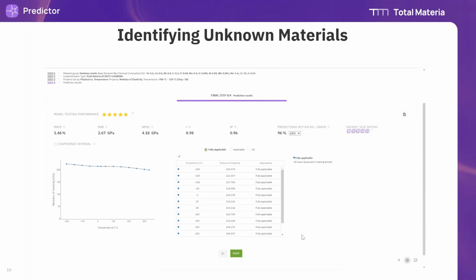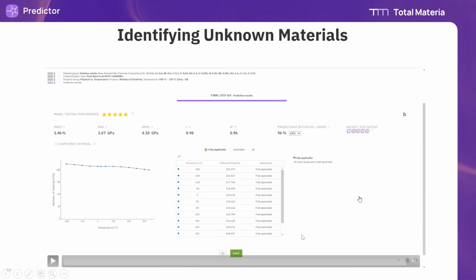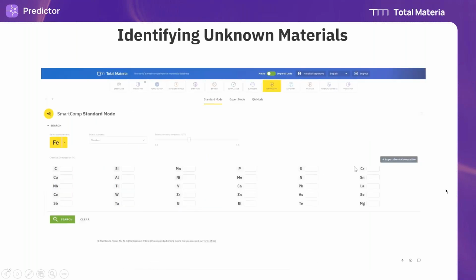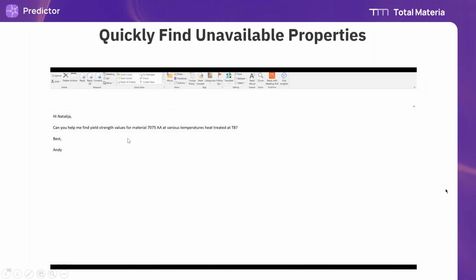Either you do it with actual changes, actual tests, and it will cost you a lot, and at the same time, it will take a lot of time. Other than that, Total Materia artificial intelligence will help you to find it in seconds, really. Let's see, there's an example.